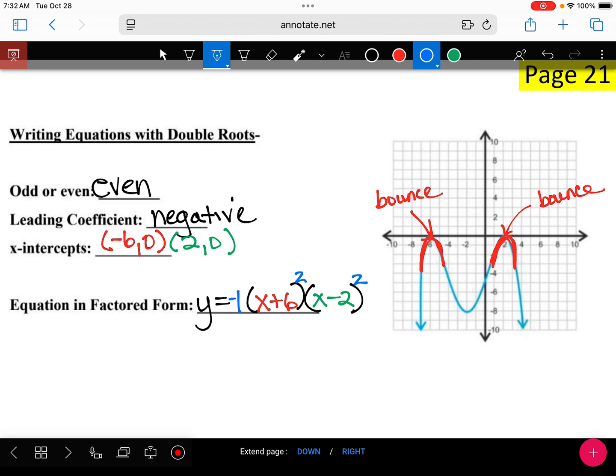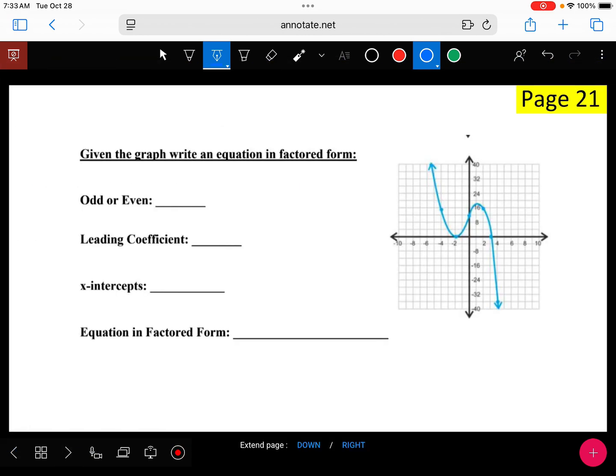All right, go ahead and do the next one. I saw most of you all worked ahead, so I'll give you a moment to do that one.